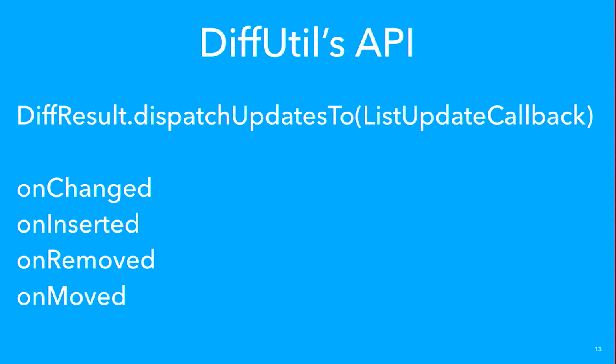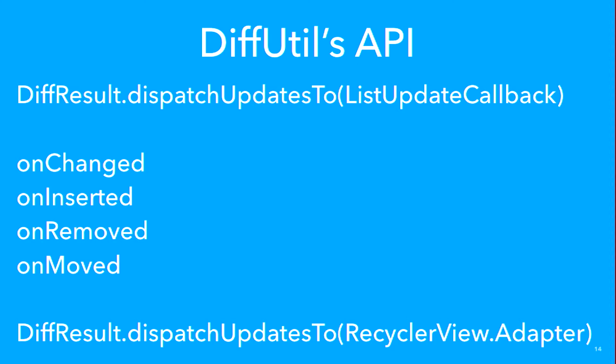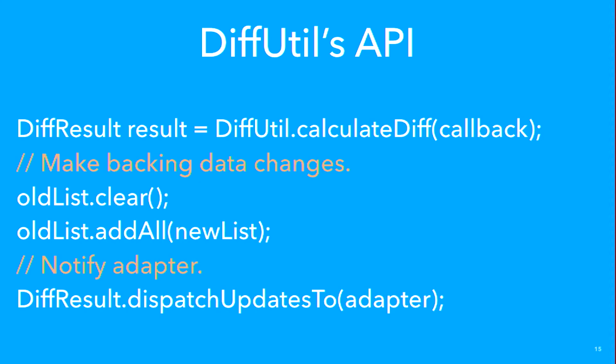This is something that I sometimes see when people implement DiffUtil. It's a little bit tricky to remember the order of your operations. When you're calculating the diff, you're just calculating that piece of data. The diff result is really just that piece of data. You haven't changed your adapter, you haven't changed your data sets. And then sometimes I'll see code that dispatches to the adapter before the backing data is actually changed.